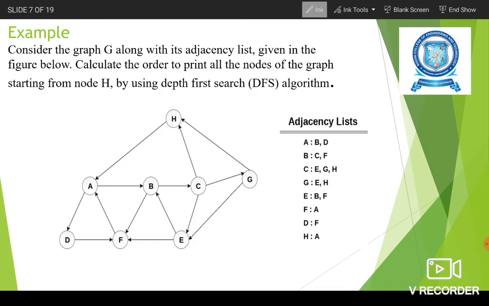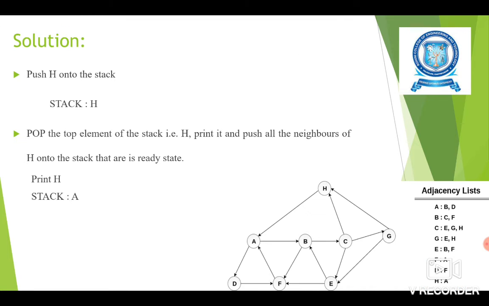So we are going to see with one example. Consider we have a sample graph and its adjacency list is also represented. So they ask you to print the depth first traversal of all the nodes from the node H. So here the starting node is H. So in the first step, H is initially pushed on to the stack.